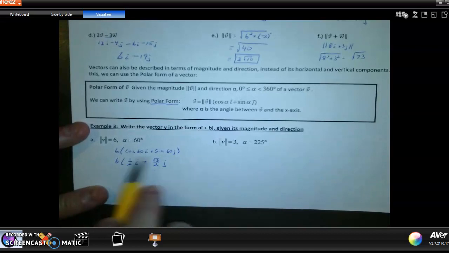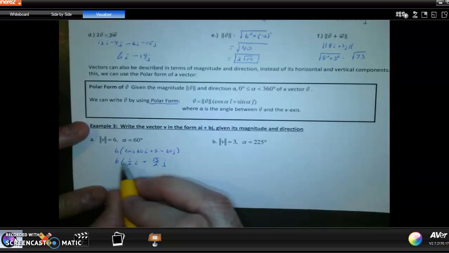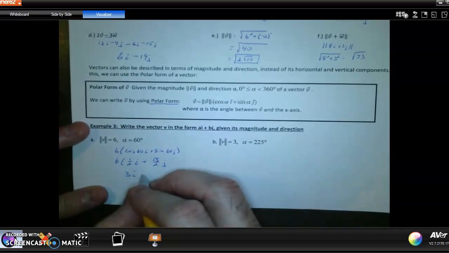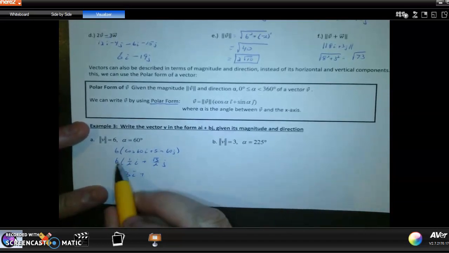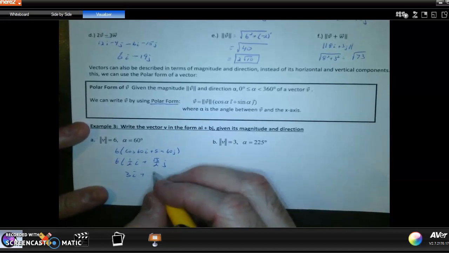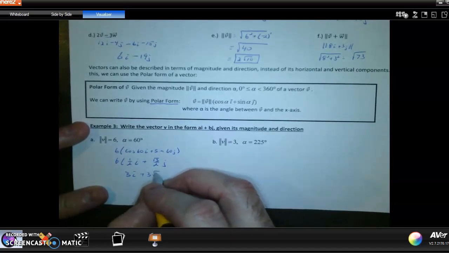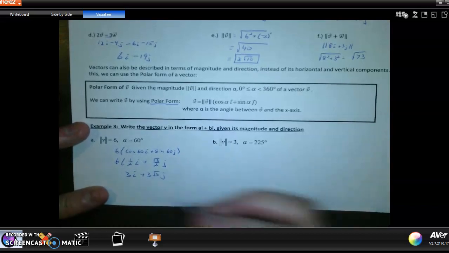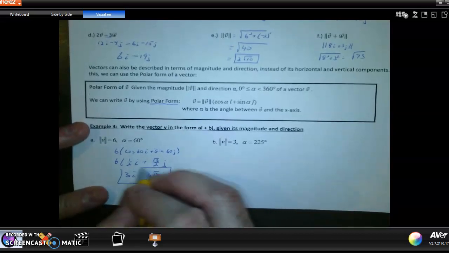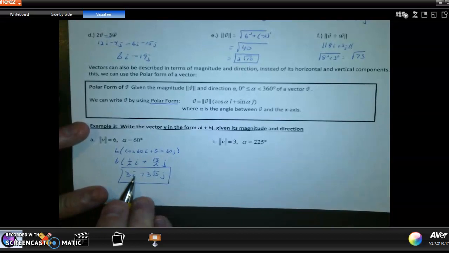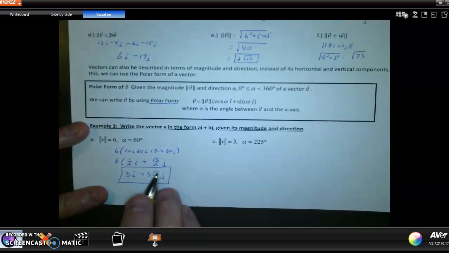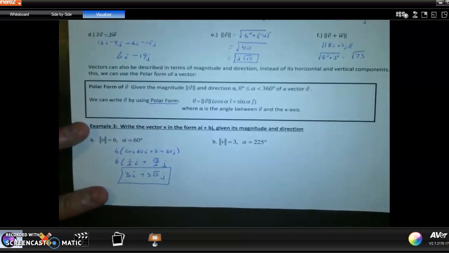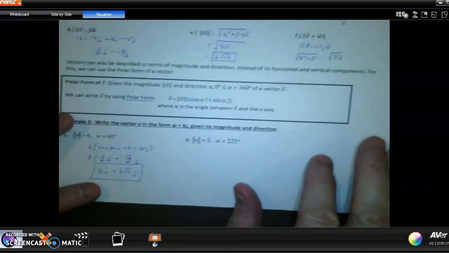That j is still there, and then we're just going to distribute the 6 in. 6 times 1/2 is 3. 6 times radical 3 over 2, well, we're just going to let the 6 and the 2 cancel each other and give us 3 radical 3 j, and that's it. This is our unit vector. It's a vector that goes 3 in the i direction, and then 3 radical 3, which would probably be about 5 point something, in the y direction, and that's the vector. That's all you do. So plug the numbers in and then simplify.